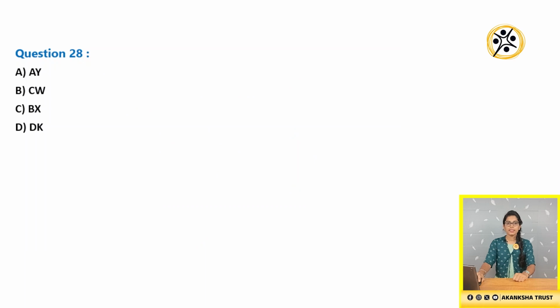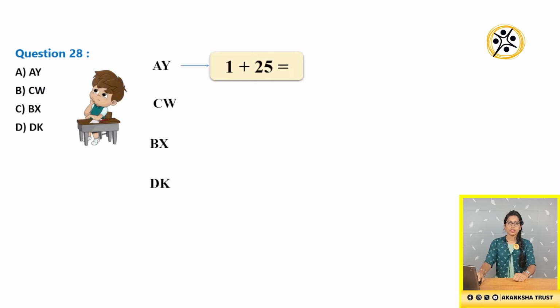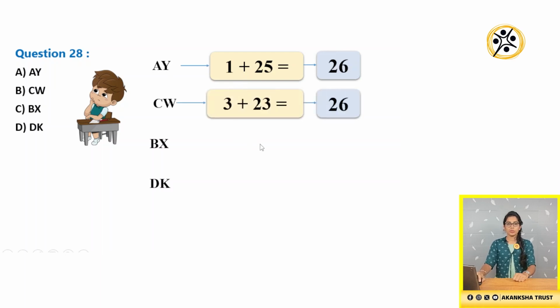Next, again here there are only 2 letters. So the position of A is 1, the position of Y is 25 and the sum is 26. In the second case, the position of C is 3 and the position of W is 23 and the sum is 26. In the third option, the position of B is 2, the position of X is 24 and the sum is 26.